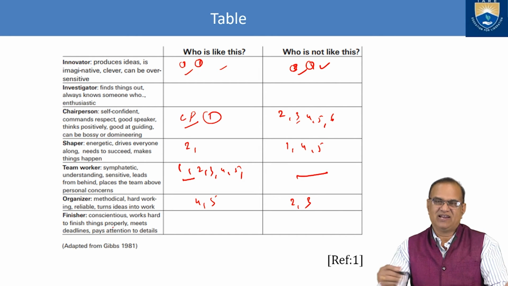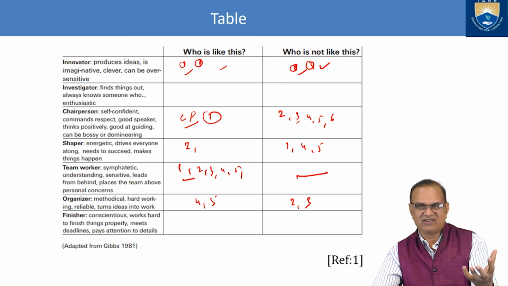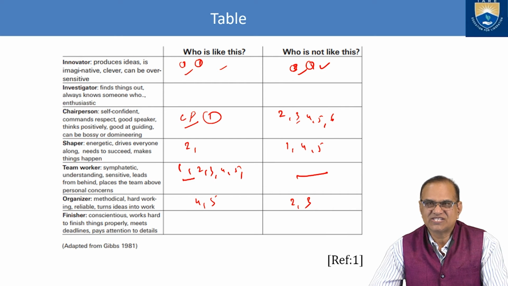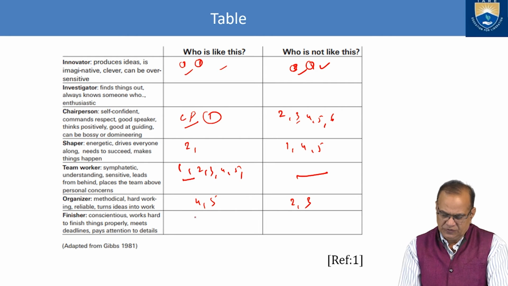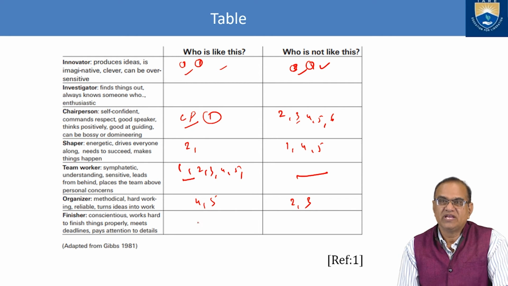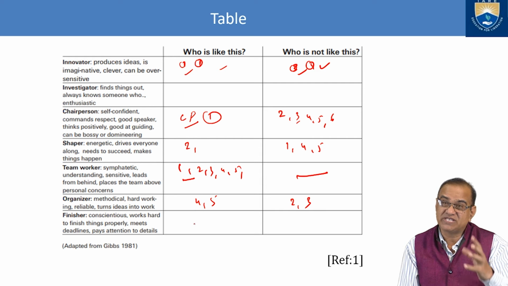Finisher means final product. You're writing the work, consciousness, then works hard to finish things properly, meets deadlines, pays attention to details. So in this we have to see who all are good for writing the work, for presenting the work.